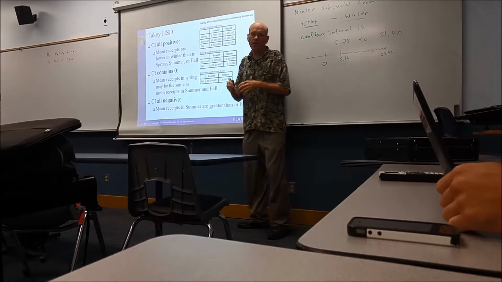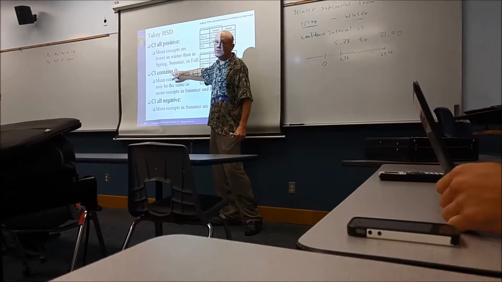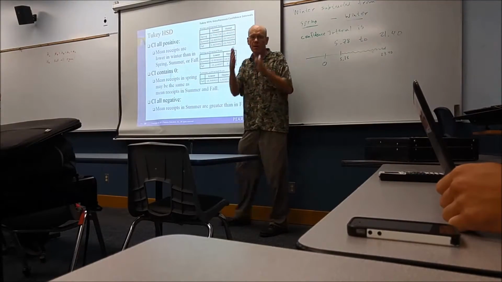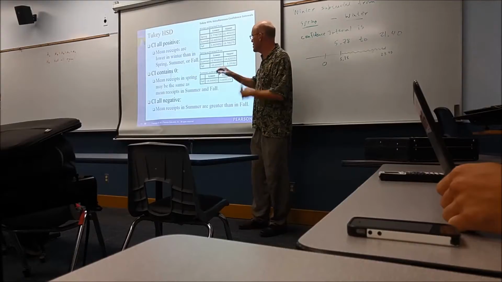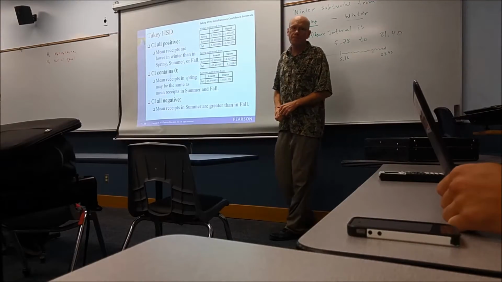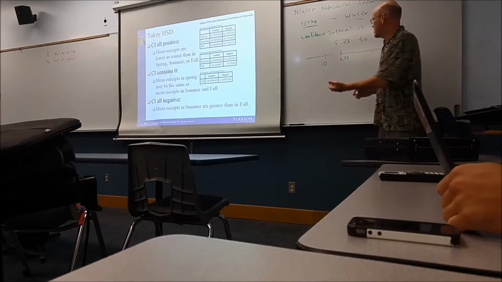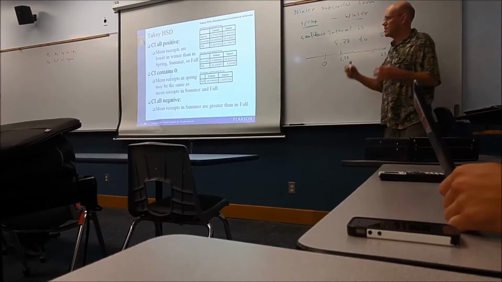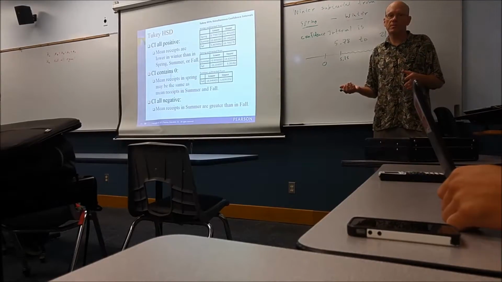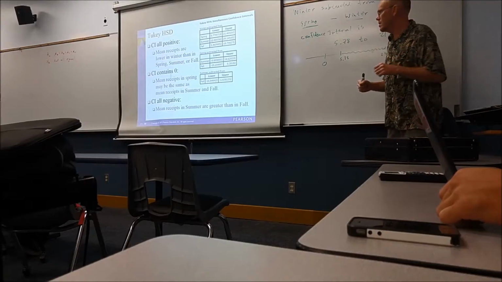You could either have both values being positive, or you could have a 0 in the middle. If the confidence interval contains 0, which means one of your values is negative and another is positive, then they're not significantly different. That answer your question? Okay, good.